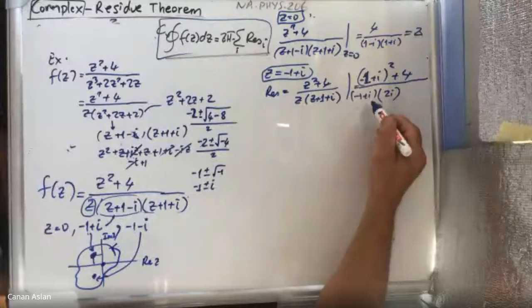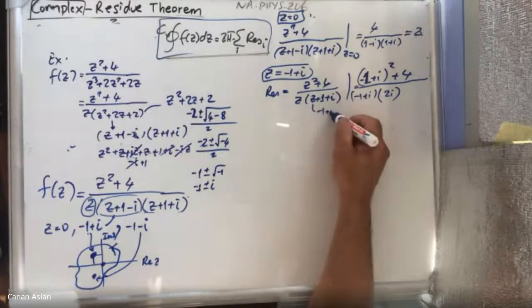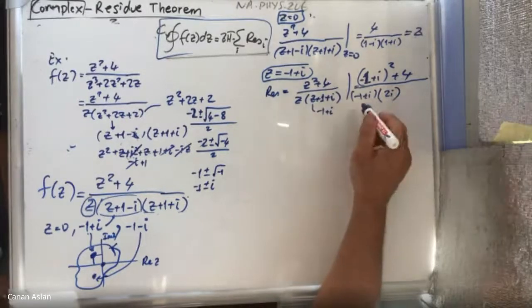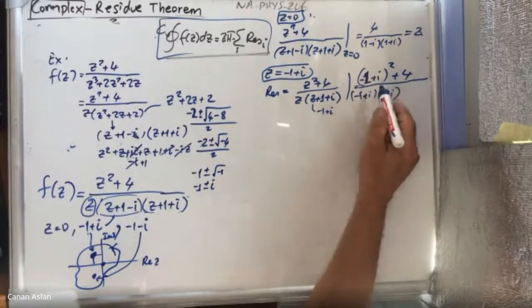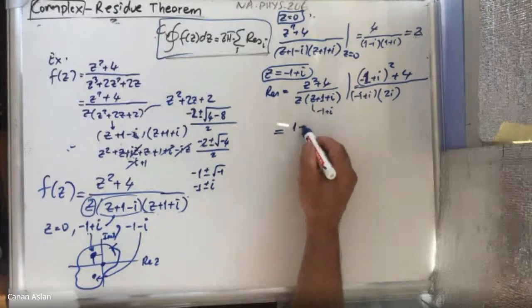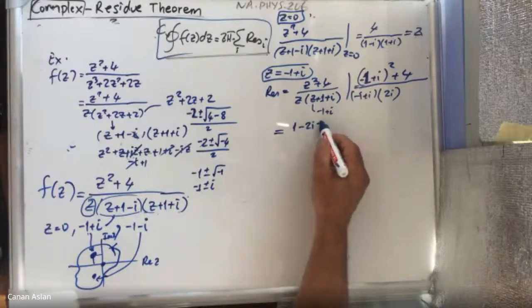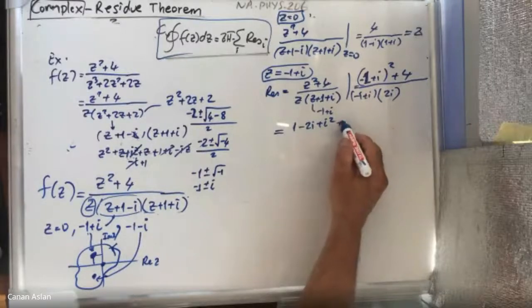Let's check again. If z is equal to -1 plus i, this cancels and then we get 2i. That's correct. So now we have to square this numerator, so the residue will be (1 minus 2i plus i squared) plus 4, the square of this parenthesis, plus 4 there.